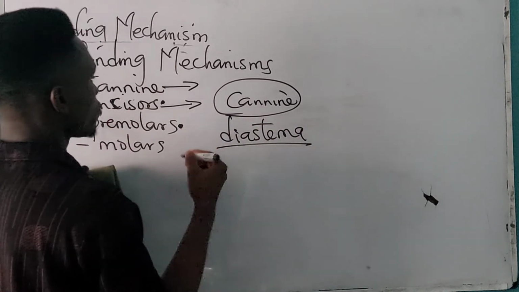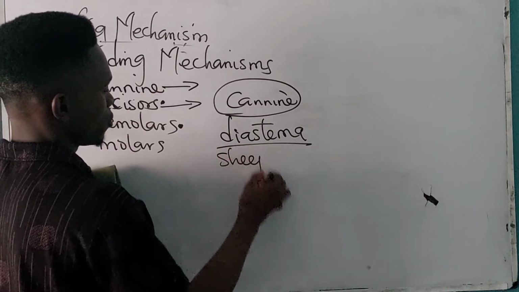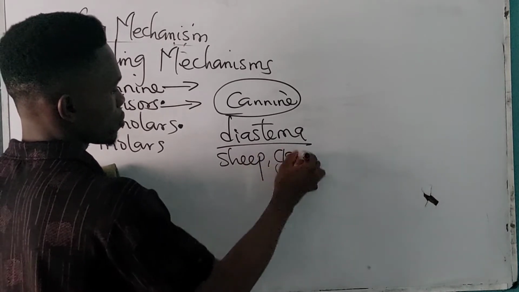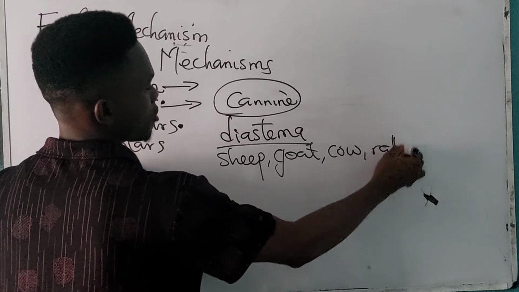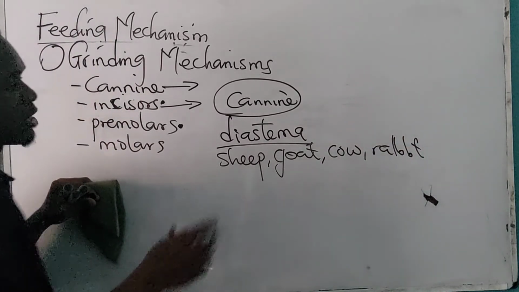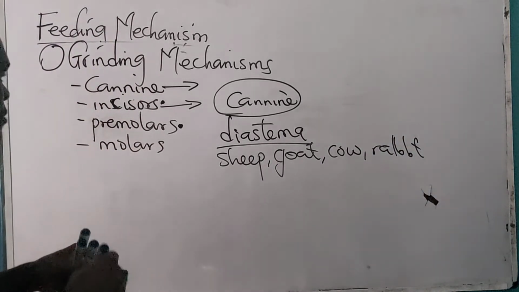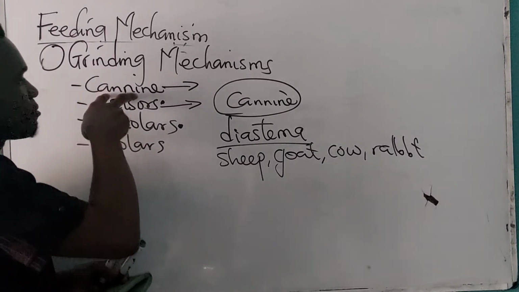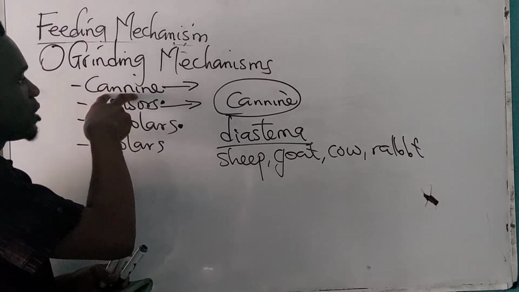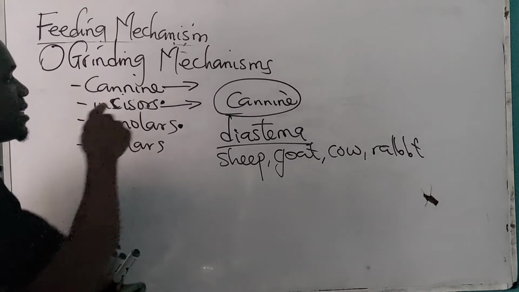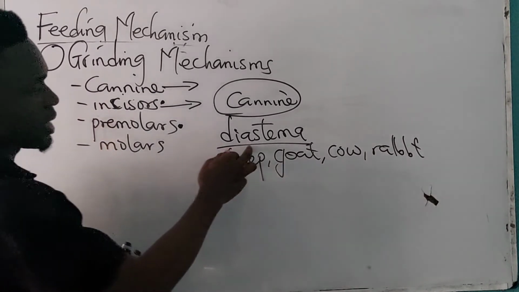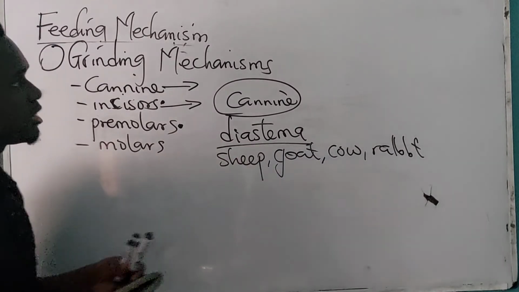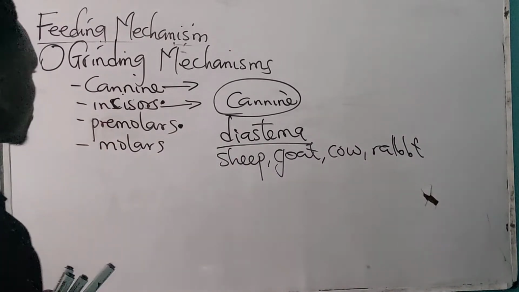Examples of herbivorous animals are sheep, goats, cow, rabbits. All right, you have a lot of them. Now the herbivorous animals feed on herbs. They have incisors, they do not have canines. So the space between the incisors and the first premolar is occupied by a space called what? Diastema. Please take note of that. It is very, very important.